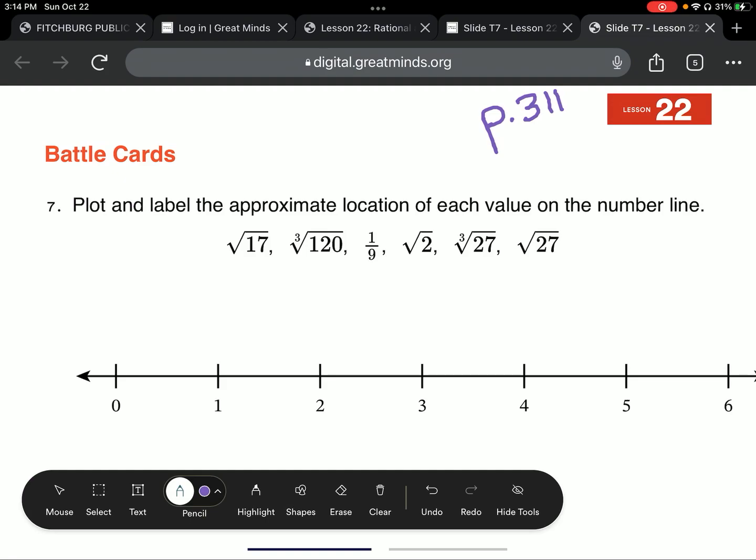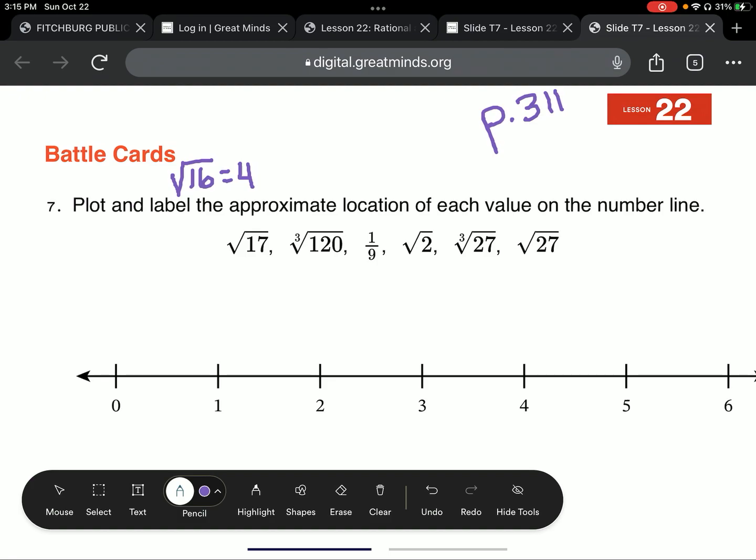So I guess we'll just start with the first one, the square root of 17. Right away, hopefully we notice that 17 is not a perfect square. So I have to think, well, which perfect squares does the square root of 17 come between? I know that the square root of 16 is a perfect square, and the square root of 16 is 4.